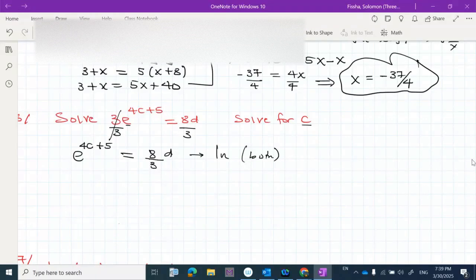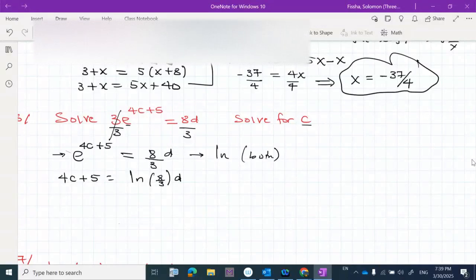What ln does is basically bring this 4c plus 5 down, and it cancels the e. So if I multiply the left side by ln, it simply gives 4c plus 5, and the ln on the right side gives ln of 8 over 3 times d.